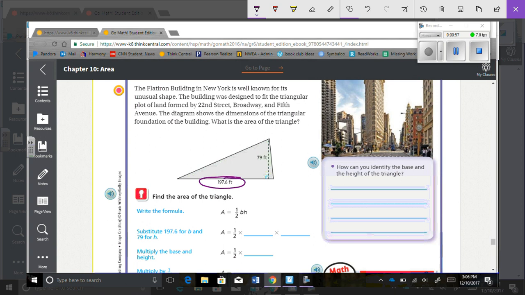Then we're going to substitute 197.6, which is 197 and 6/10, because that is what our base is. And we're going to multiply that by 79 because that is our height. When we multiply those together, you get 15,610 and 4/10. So then our next step is to multiply that by 1/2.